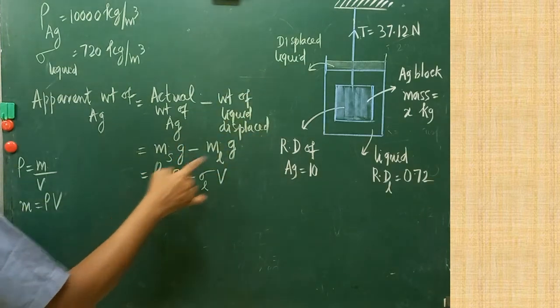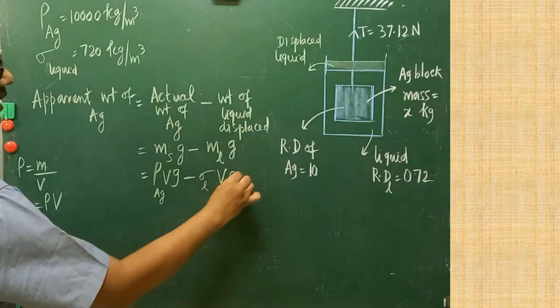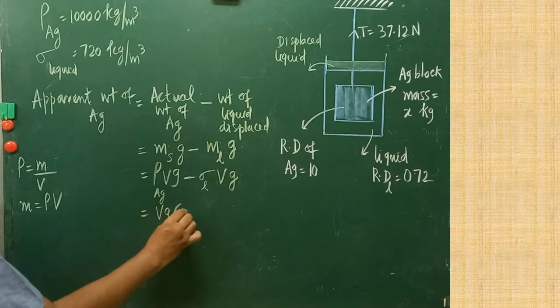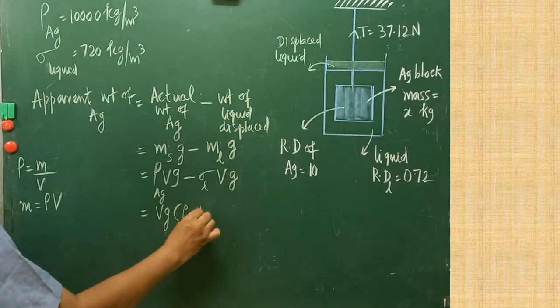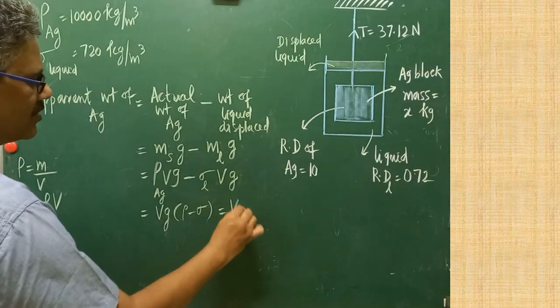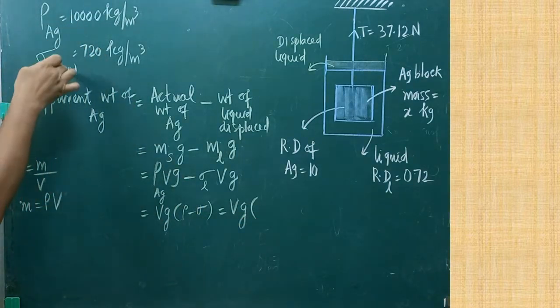Therefore the volume of the Ag and the volume of the liquid displaced are both the same. In the next step, V and g can be written as a common factor, rho minus sigma. Are you clear? So here Vg in bracket, and already we have calculated the rho of Ag and the rho of liquid.